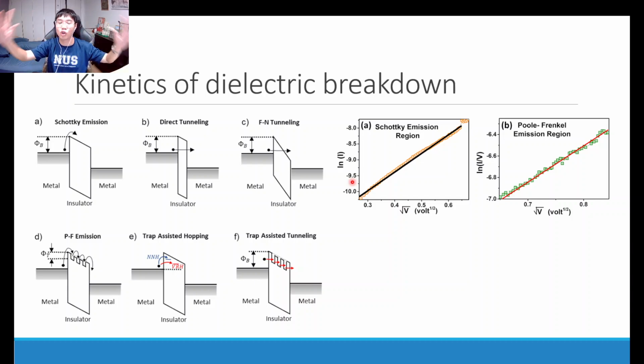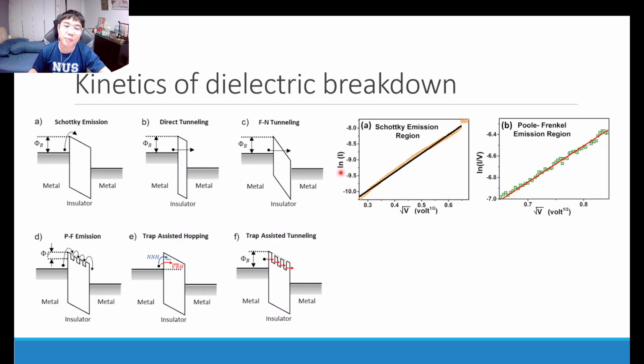So how do we know what mechanism dominates in a particular case? It's good because the physicists have already computed the expected relationship of current against voltage that is expected to be observed for all these kinds of models of dielectric breakdown.